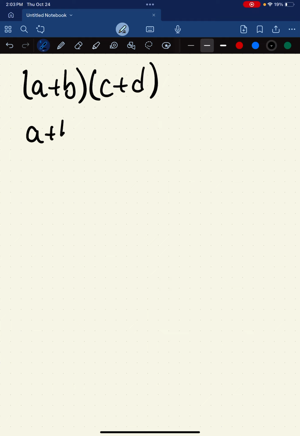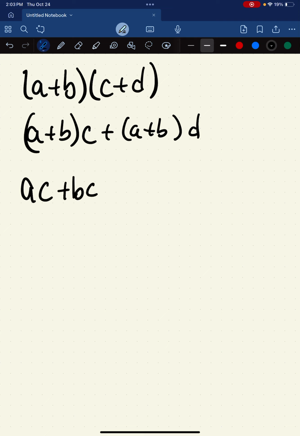Doing this now for binomials, let's do it in general first. (A plus B) times (C plus D). First thing we're going to do is the distributive property, which is going to say that's (A plus B) times C plus (A plus B) times D. And then each one of these, we can use the distributive property.